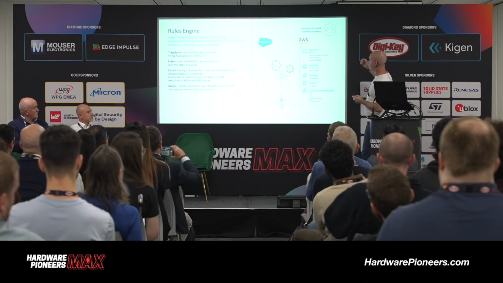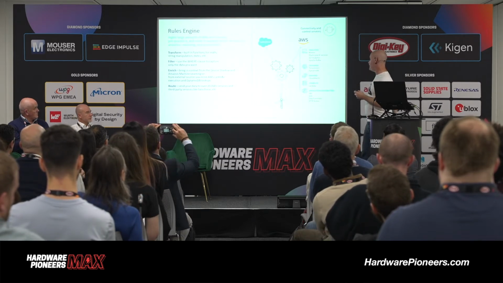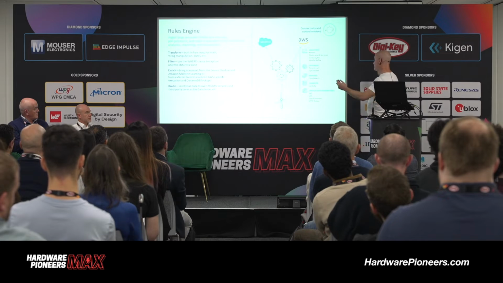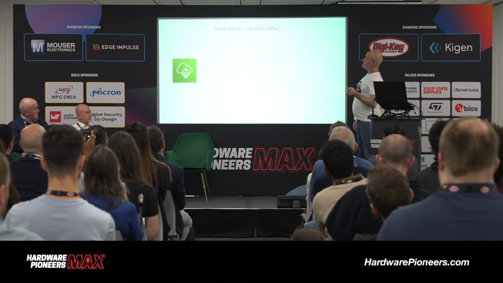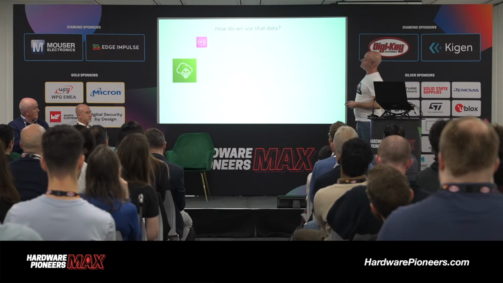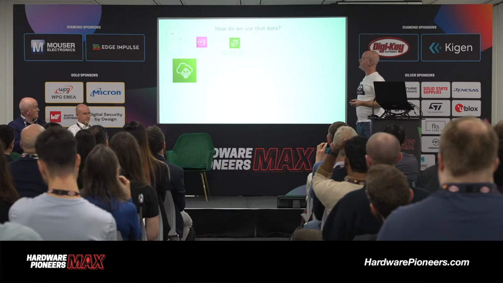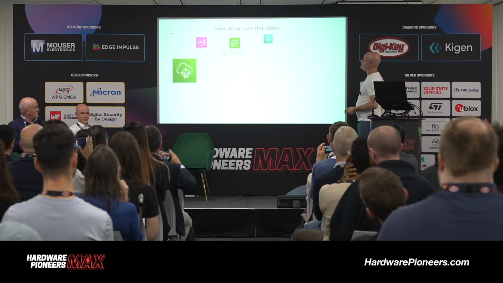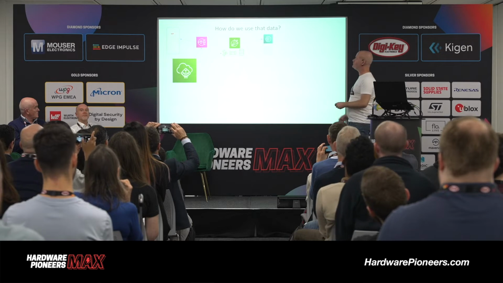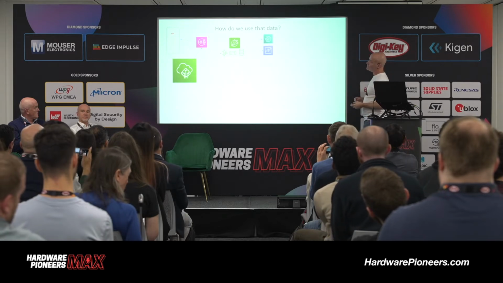We can send it to things like DynamoDB, Timestream, Lambda, SQS, Step Functions. There's loads of things. We can send it to SNS. We can send it to IoT Analytics, into machine learning to process a pipeline of data, or go into QuickSight.